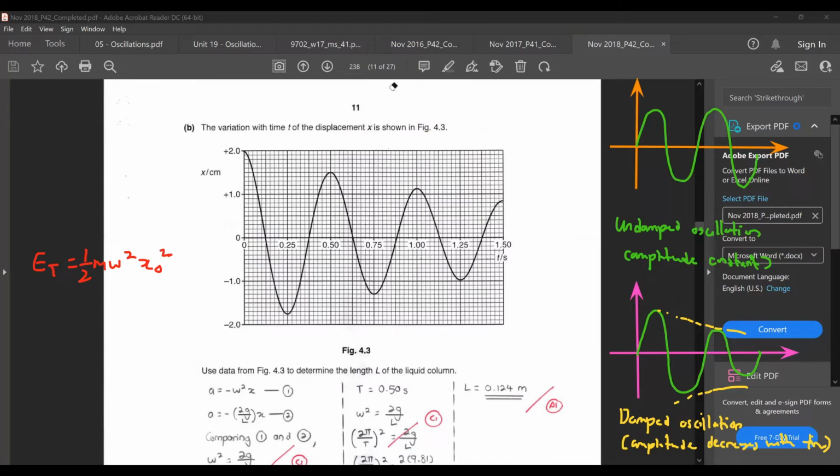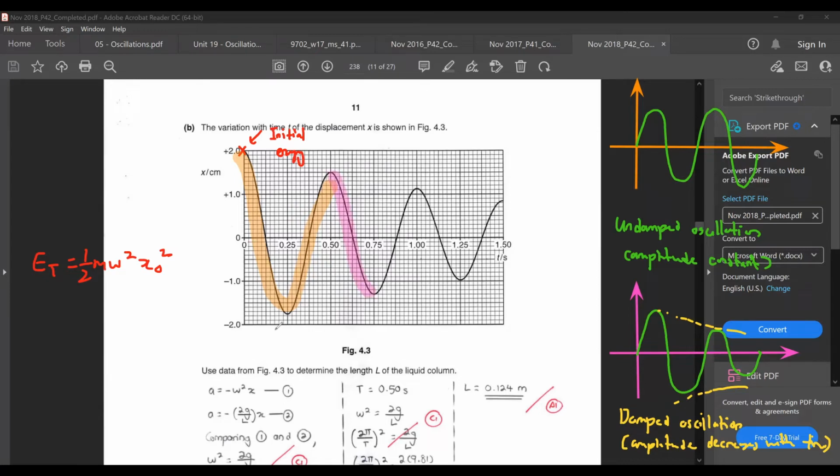the initial energy of oscillations would be here. This is my initial energy. Then they say after 1.5 oscillations, right? So this one is 1, and then this one is another half.